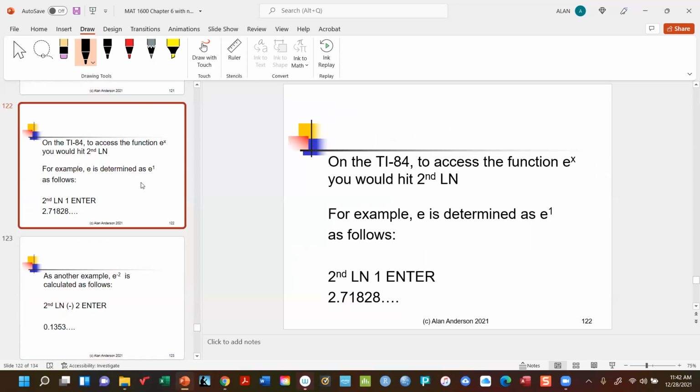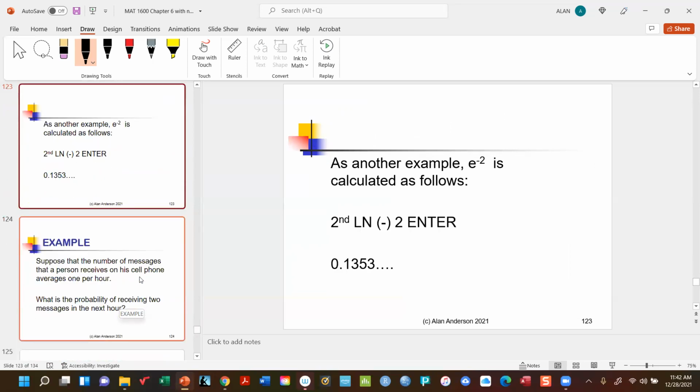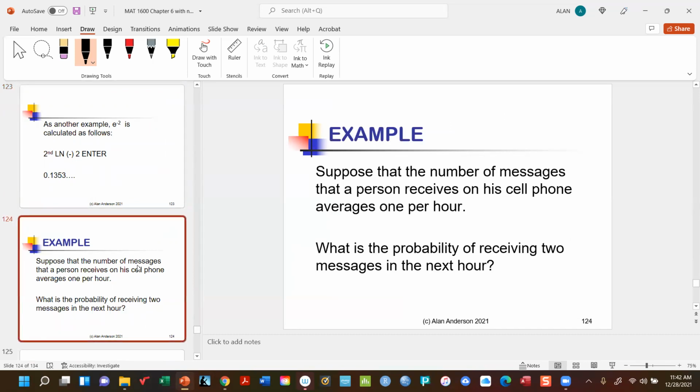There's also an e to the x function, and the instructions are here for finding it. But right now, let's just take a quick example of how this Poisson distribution works. Suppose that we note from experience that on average, a person receives one message on his cell phone every hour. Okay, so one message per hour.